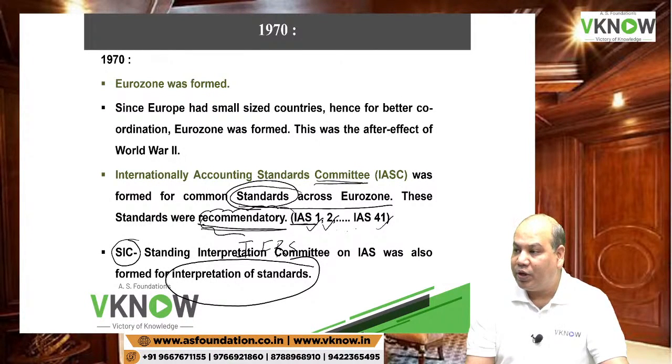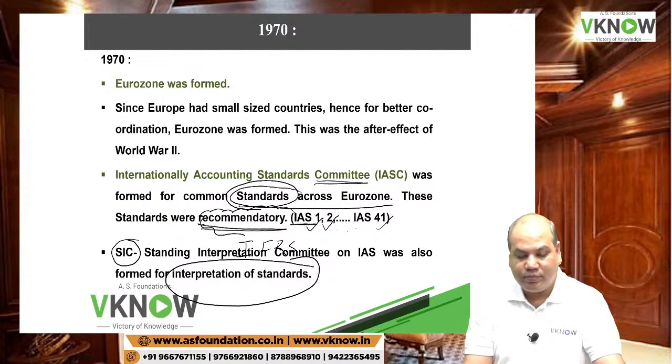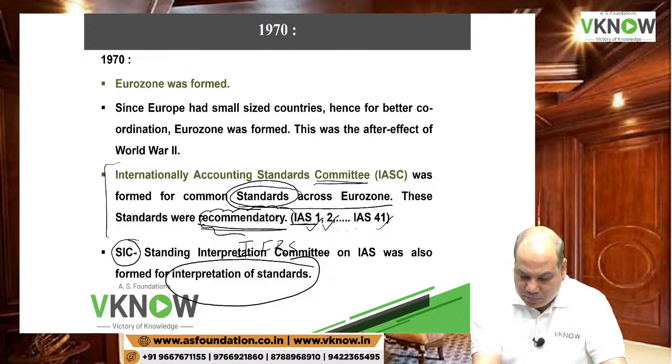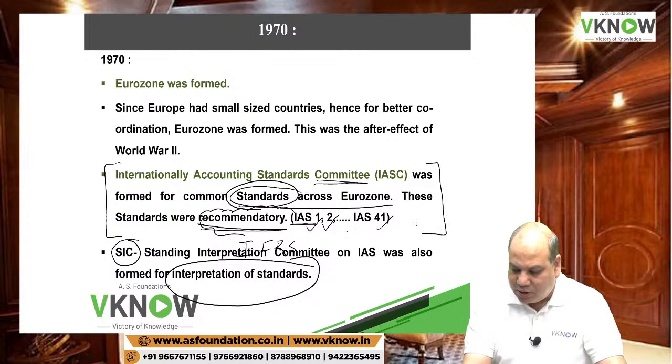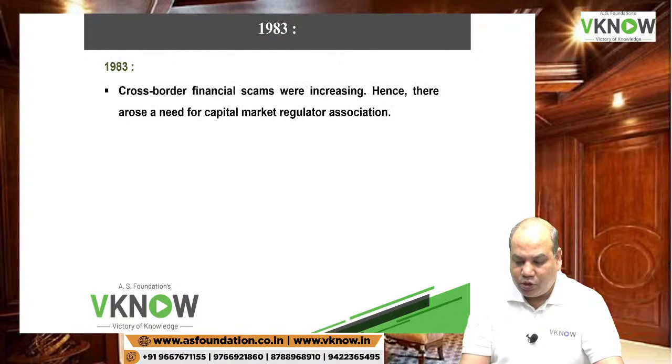The purpose of SIC was to provide interpretation of standards. Interpretation means if there was some doubt, some explanation, some ambiguity, that would be clarified by the SIC. So this was the earlier version of IFRS, where the IASC was formed and the Standing Interpretation Committee was formed for interpretation of the standards.